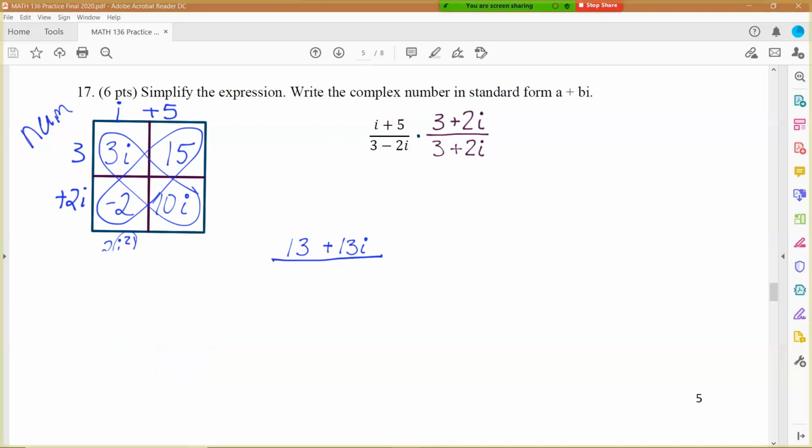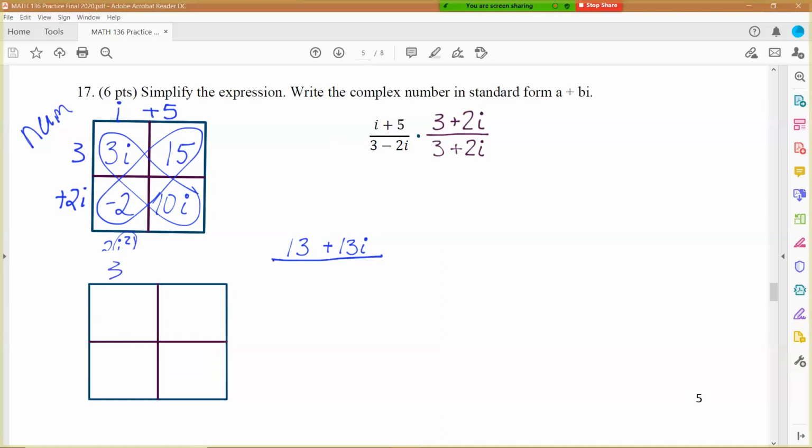All right. So then for the denominator, we're going to take the original denominator, multiply it by the conjugate. So 3 minus 2i, the original, and the conjugate 3 plus 2i. Doesn't matter where you write which one, as long as you have both of them. So this is the denominator.